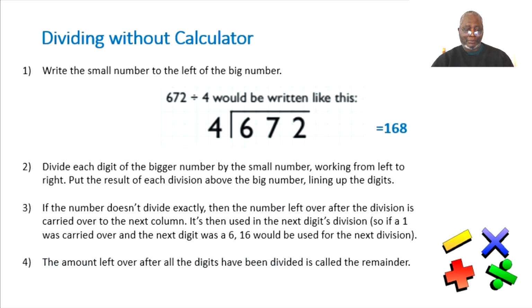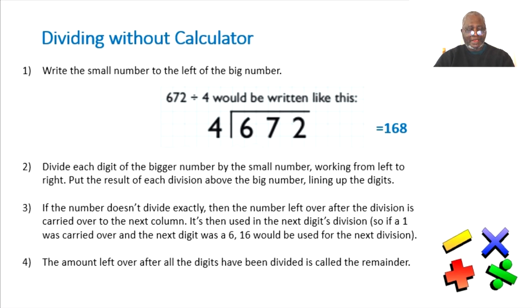Now let's look at an example and look in detail at how we've divided. But first, let's look at this other example. This is how you write your division to make it clear. 672 divided by 4 would be written like this: you see your division line, which is a line on the left and a line that joins it horizontally.